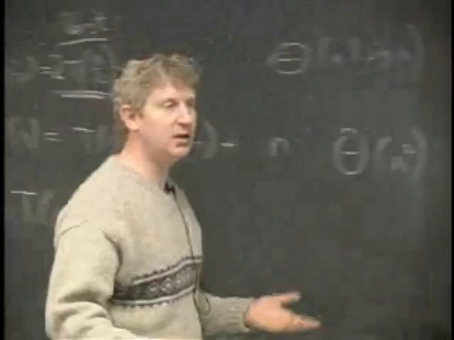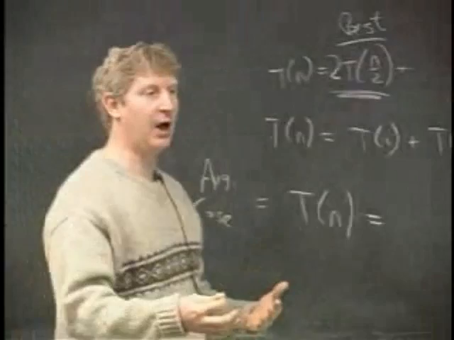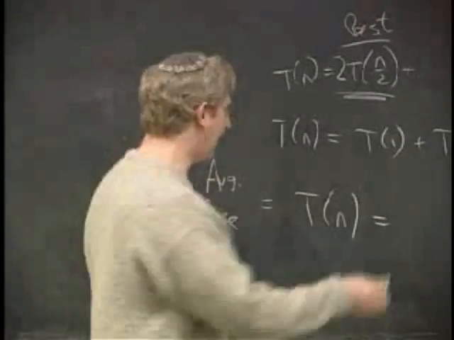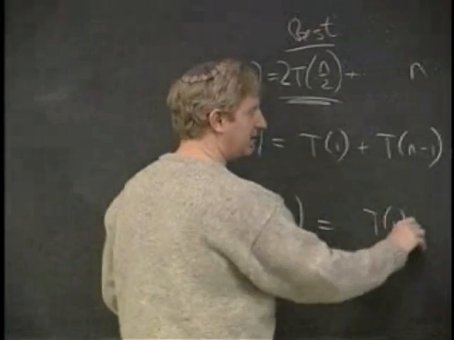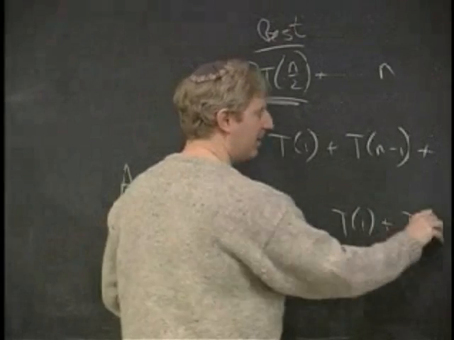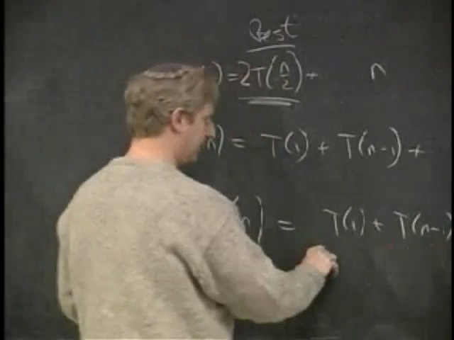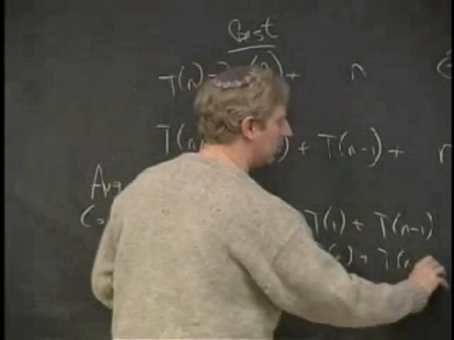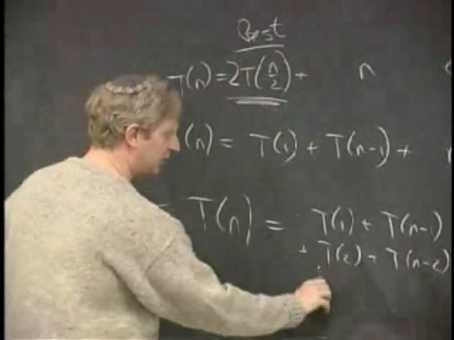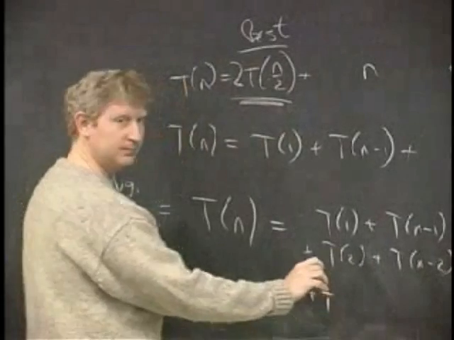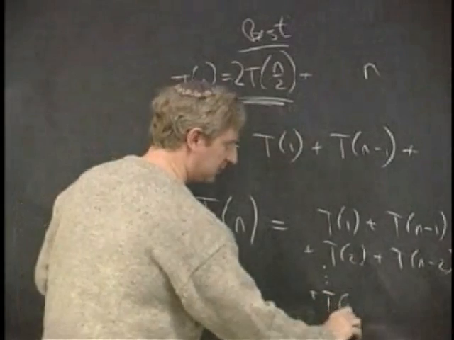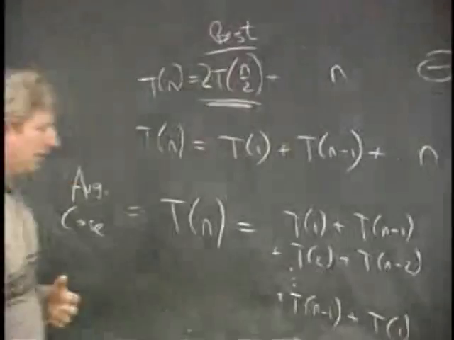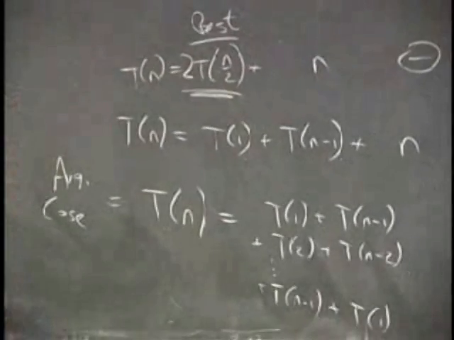And let's write the recurrence equation we get for each one and divide by n, and that'll be the average case. So what do we get? We get T(1) and T(n minus 1) plus T(2), T(n minus 2). And we keep going all the way down to T(n minus 1) and T(1). And we divide this all by n minus 1.